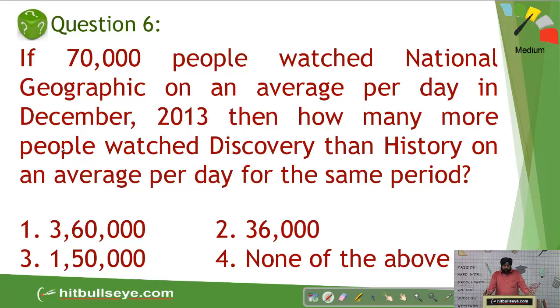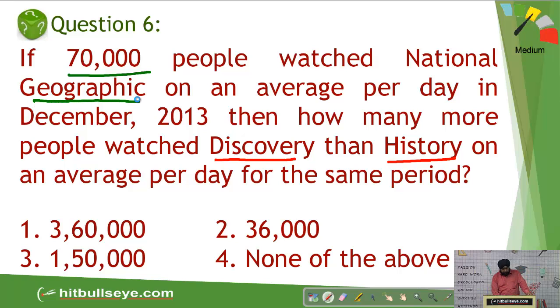If 70,000 people watched National Geographic on an average per day in December 2013, then how many more people watched Discovery than History? This is the important point. The difference of Discovery and History is to be found, and 70,000 people are shown for National Geographic.